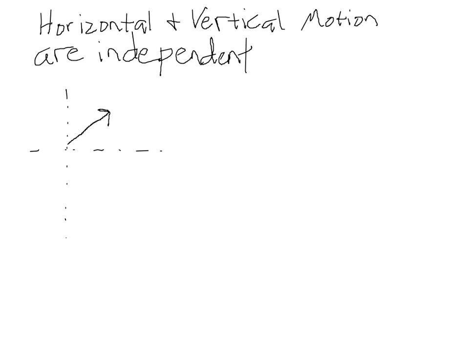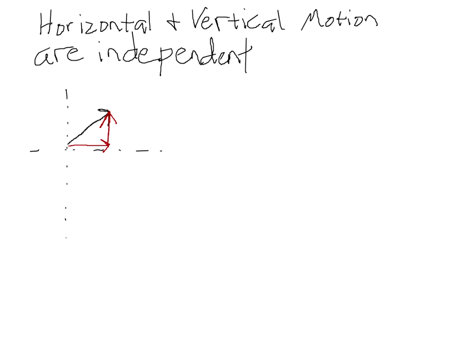What this key concept says is that I can resolve that motion into the x part and the y part, and once I've done that, those 2 parts of the motion can be treated independently.